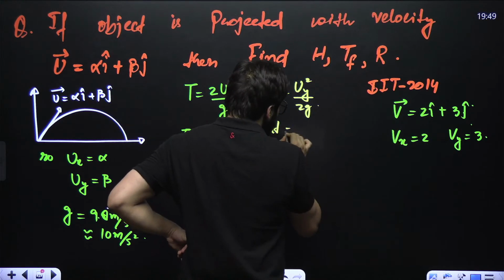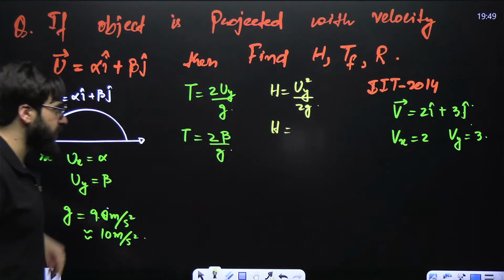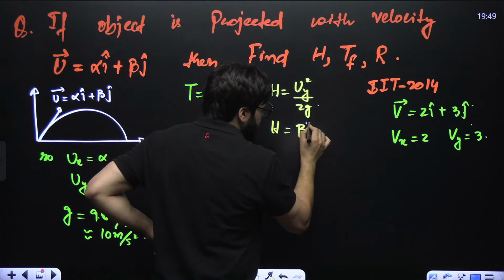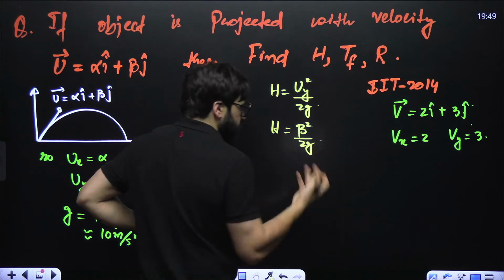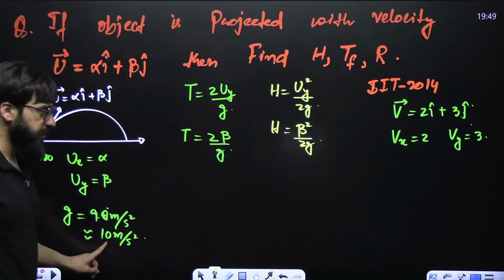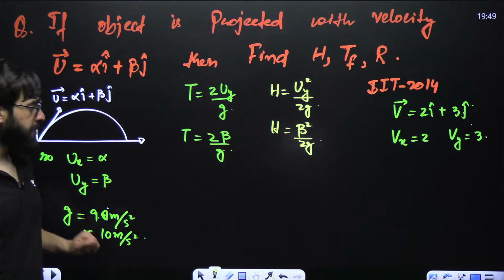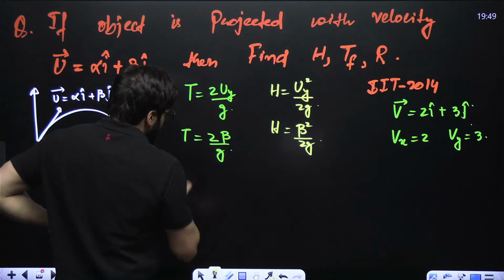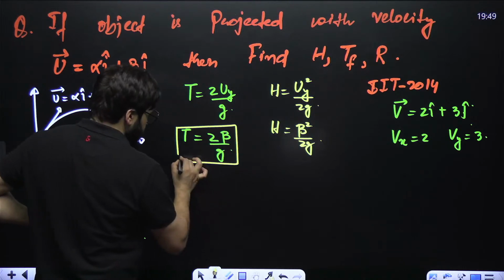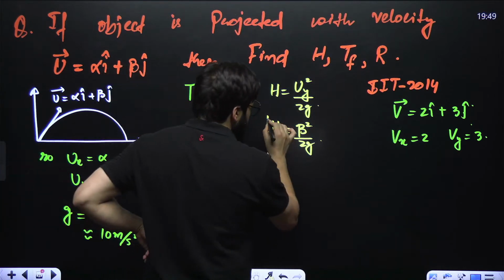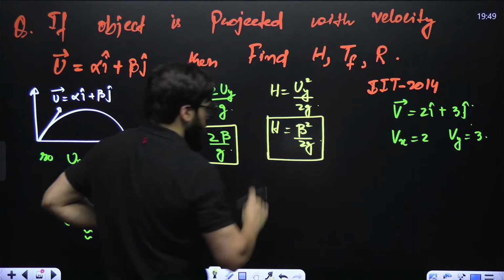So h is equal to uy square divided by 2g, and the value of uy is beta, so h is beta square divided by 2g. If you take g equal to 10, it is beta square by 20. I would want you guys to put this up in a box.